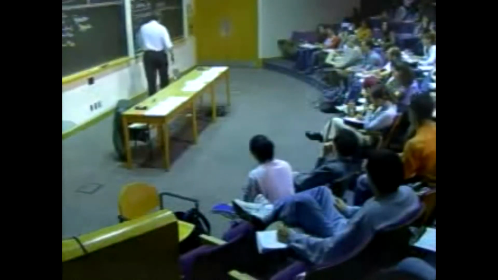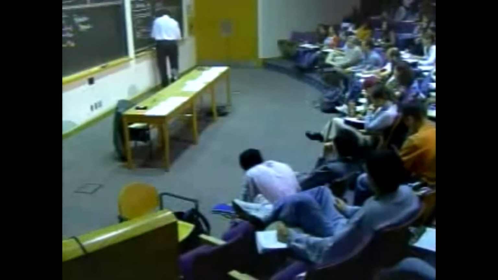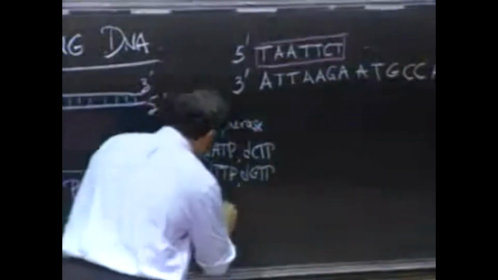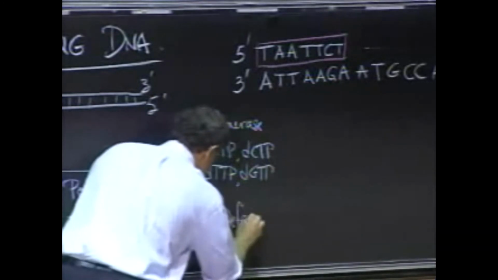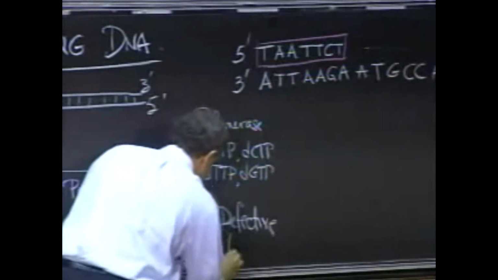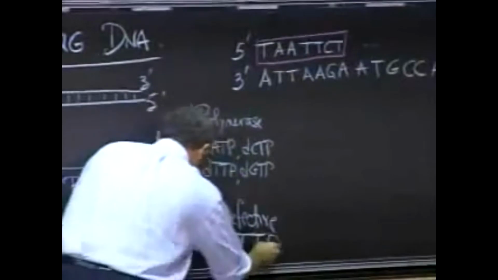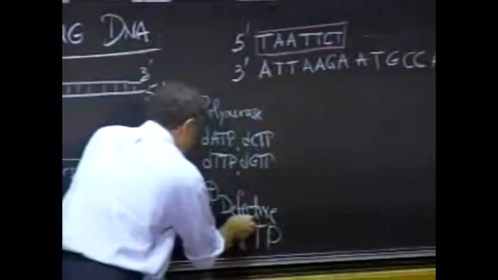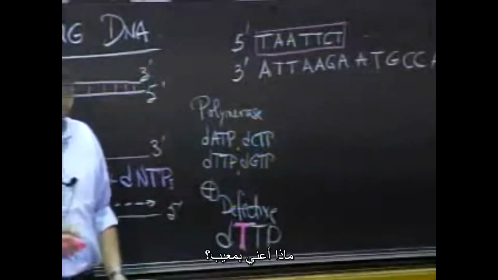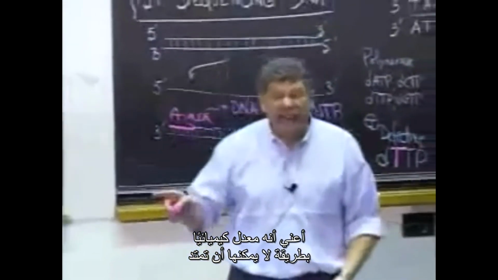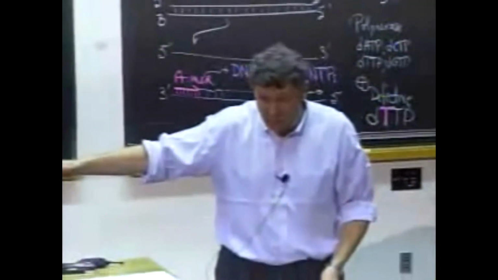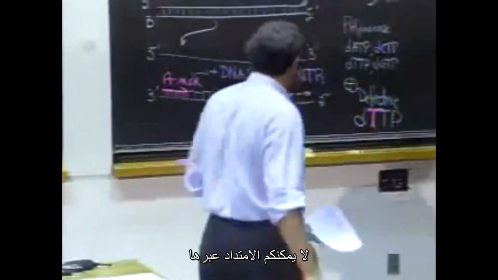The special extra ingredient I want to add is a defective T, a defective dTTP. What do I mean by defective? I mean chemically modified in such a way that it can't be extended, that you can't extend past it.